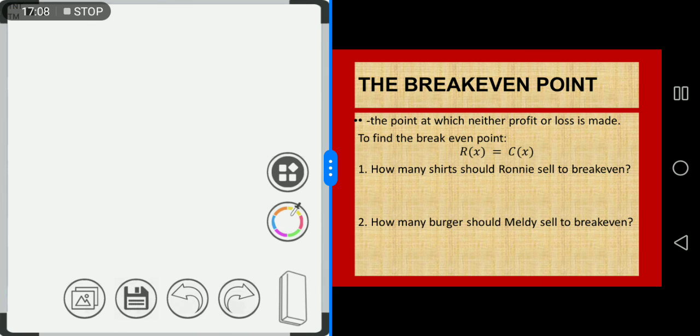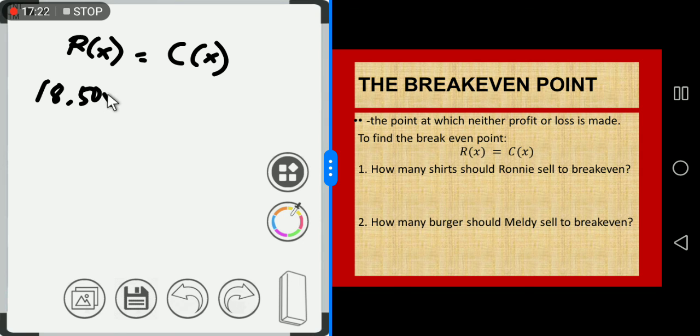Then, for number 2, kay Meldy naman, we have here, again, the revenue function equals the cost function. Revenue function ni Meldy ay 1850x. And the cost function niya is 1040x plus 1,150,000. Okay?